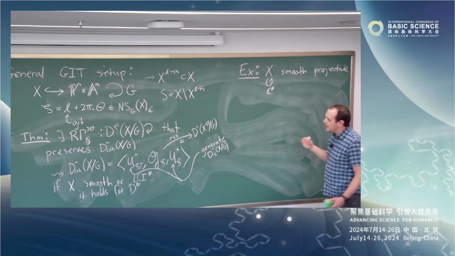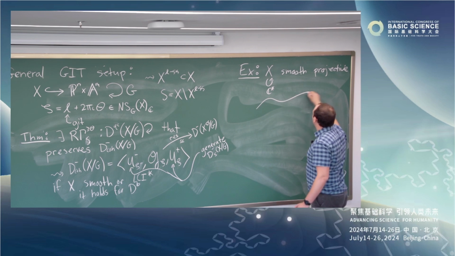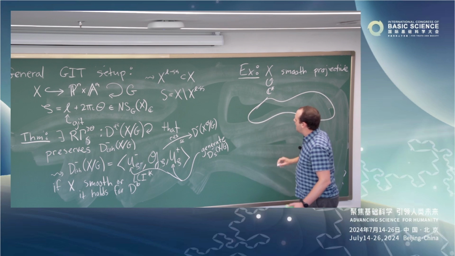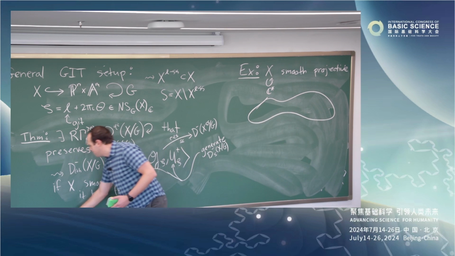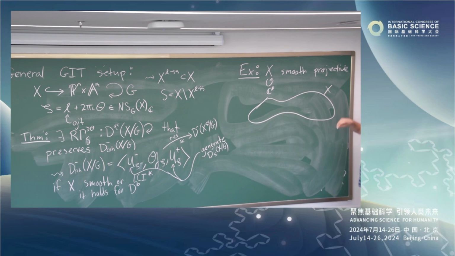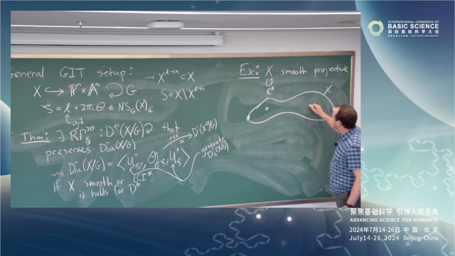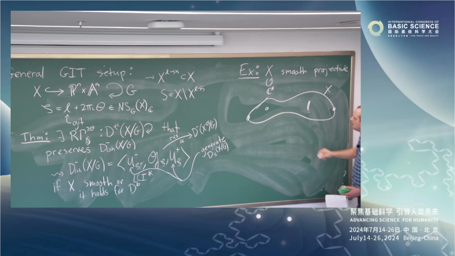In this case, the GIT prescription is relatively simple. So I'll draw a picture here. So this is X. It's a blob. And there are certain fixed points for the C star action. They don't have to be points. They can be subvarieties.